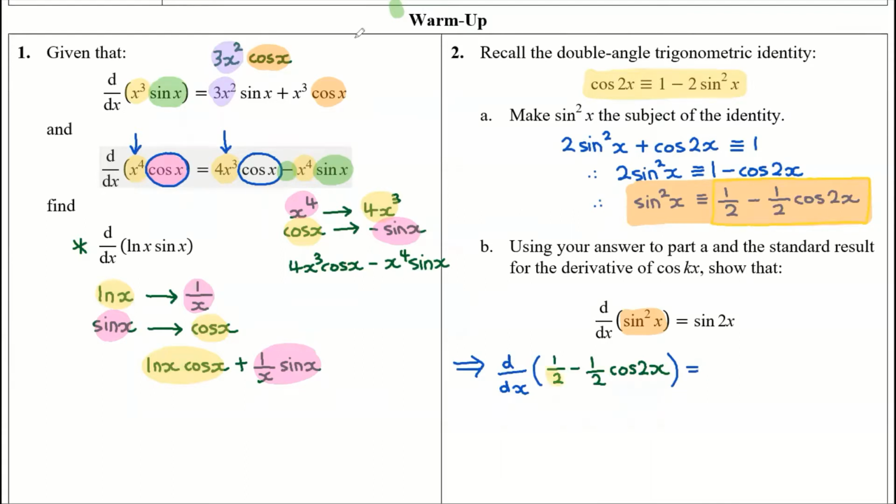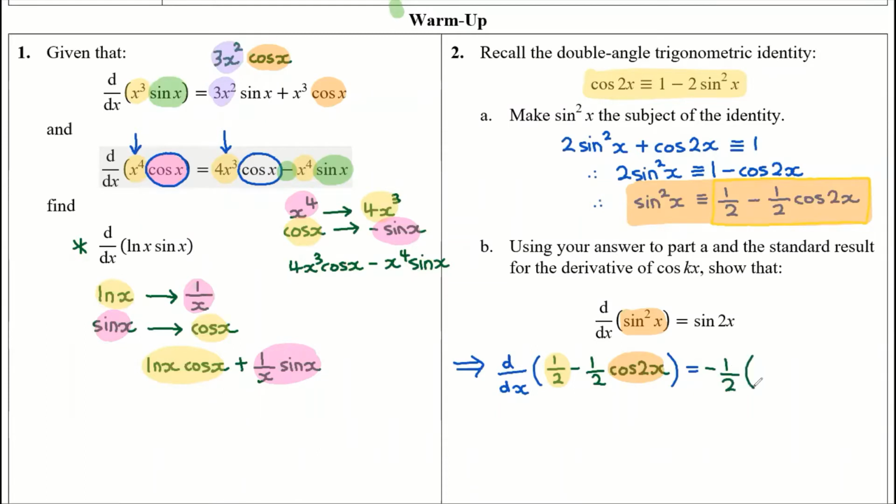If I differentiate 1/2, of course, that's just a constant, that's going to go. And all I've got to do now is concentrate on differentiating the cosine of 2x and multiplying that by -1/2. So I'm going to keep the -1/2 where it is, and then multiply that by the derivative of cos 2x.